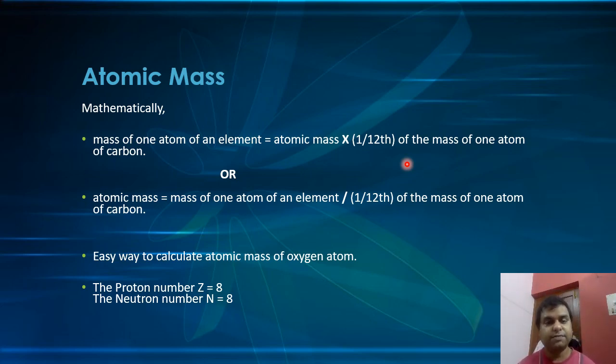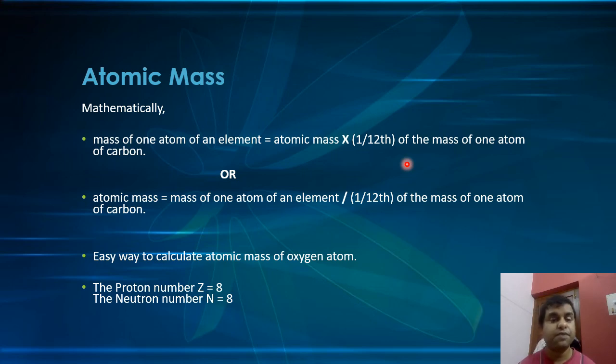Now any atom has protons, neutrons and electrons. Protons are positive charge, neutrons are neutral, and electrons are negative charge. In calculation of atomic mass, we do not take into account the number of electrons an atom possesses.